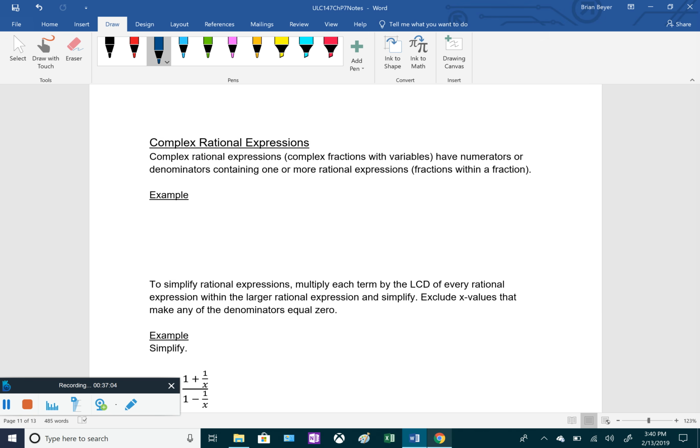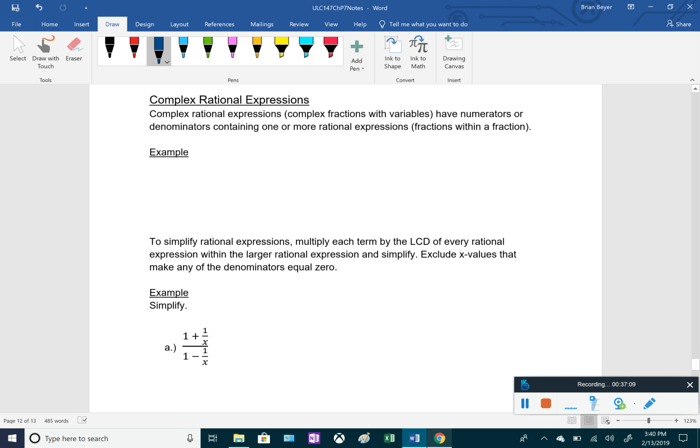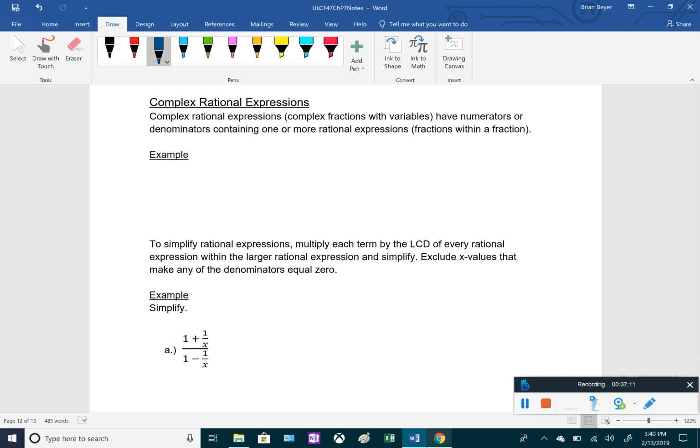Okay, so one more concept here, 2 more pages, couple more examples. Complex rational expressions. A complex rational expression is a complex fraction except with variables. What this means is that they're going to have numerators or denominators containing one or more rational expressions.